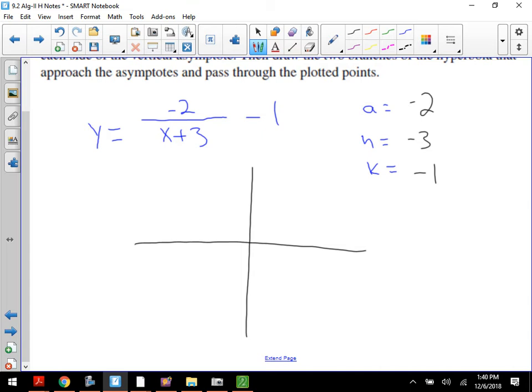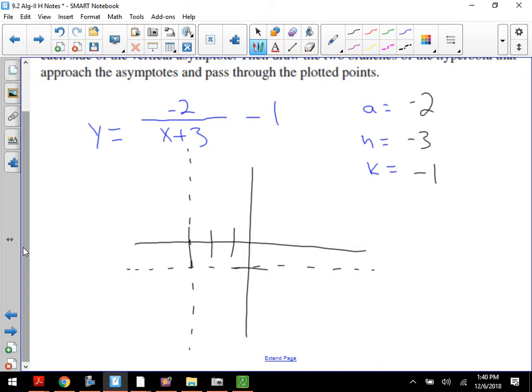So we have a vertical asymptote at negative 3 and a horizontal asymptote at negative 1. The zero of the denominator is always a vertical asymptote, and the k value will always be our horizontal asymptote. Remember, y equals a number is always horizontal, and x equals a number is always vertical.